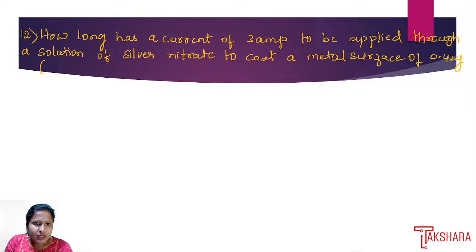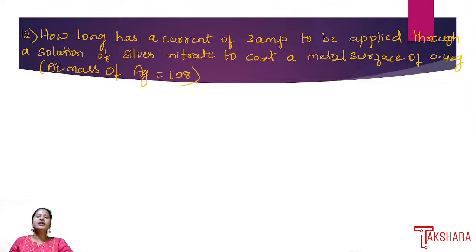Okay, so the atomic mass of silver is equal to 108. Okay, so in the question, how long has a current of 3 ampere to be applied through a solution of silver nitrate to coat a metal surface of 0.42 gram, they are saying, and the atomic mass of silver is given, that is equal to 108, they are saying.